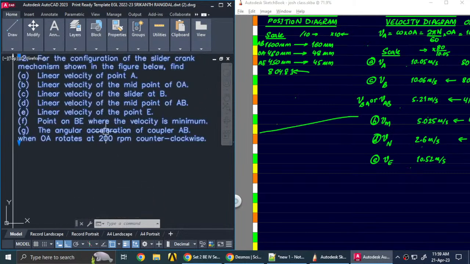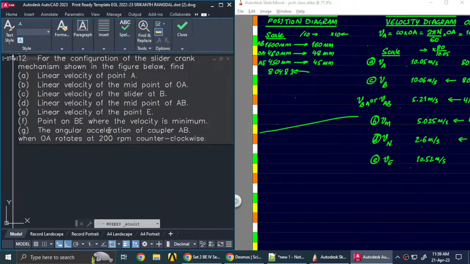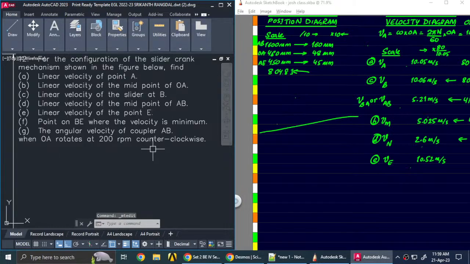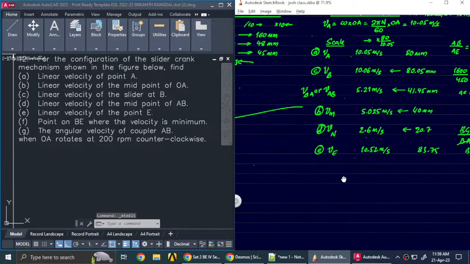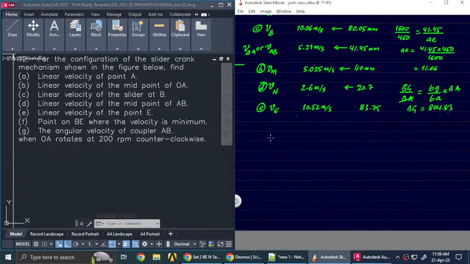Lastly, he's asking for the angular velocity here. We know the relation: angular velocity is velocity divided by the radius. Here we want the angular velocity of AB, so it will be the velocity of A with respect to B, divided by the length AB.